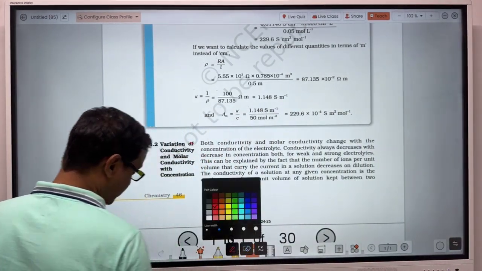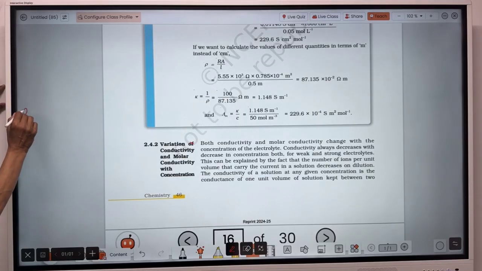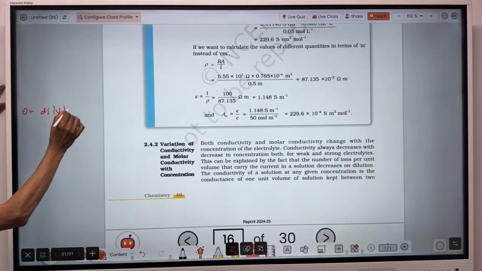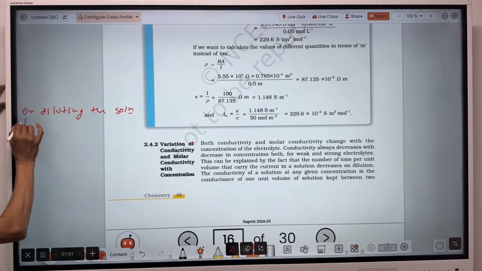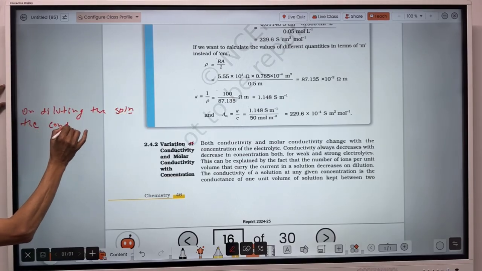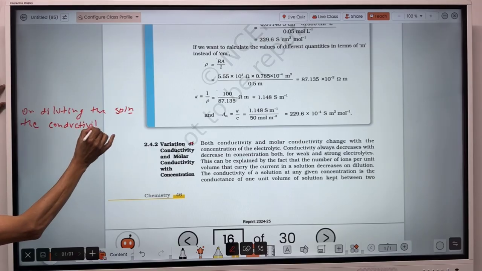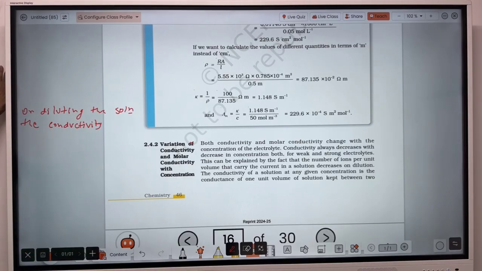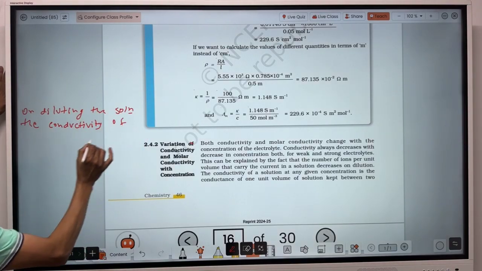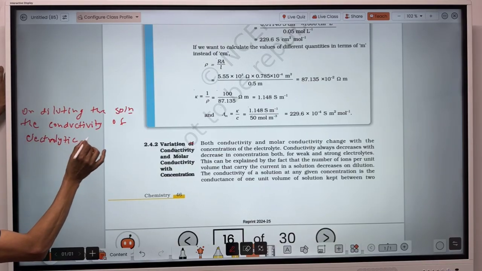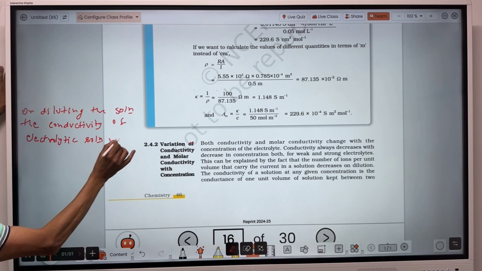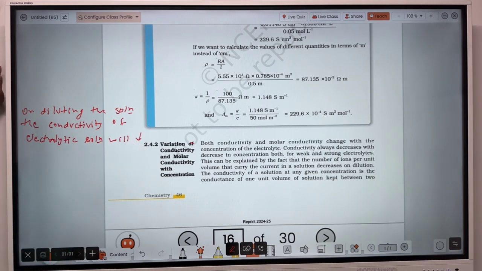Keep in mind, on diluting the solution, the conductivity of the electrolytic solution will decrease.